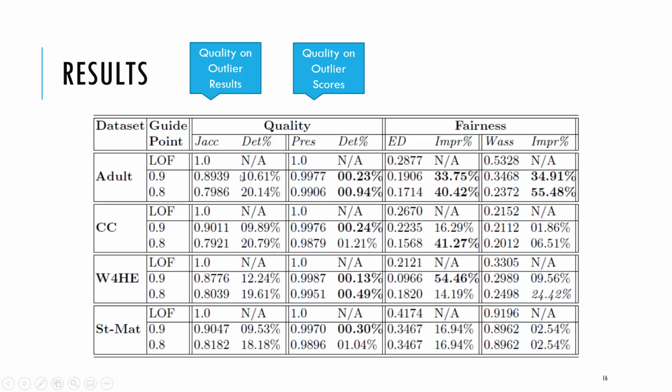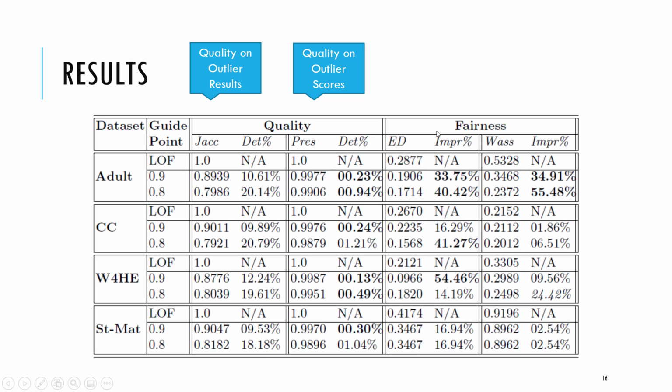Whereas if you look at the LOF scores, the LOF scores are not deteriorating by much. This is like saying that I don't get the top 10 right, but the top 10 outliers that I detect already have very high outlier scores even when judged using LOF. So as you can see here it is very little difference. The deterioration is only less than 1%.